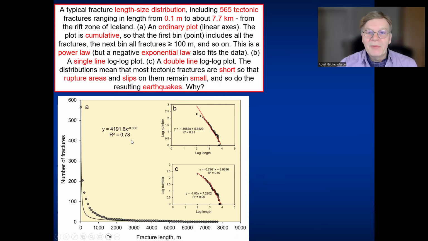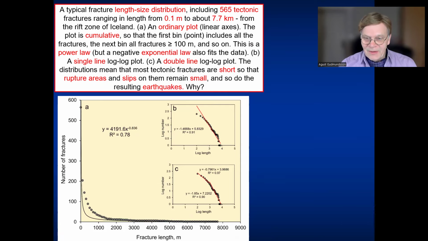But the main point is this one here, that the distribution of the tectonic fractures shows that short ones are many times more common than large ones, which means in an earthquake that the rupture areas or rupture surfaces and slips would also remain small on most of the fractures.